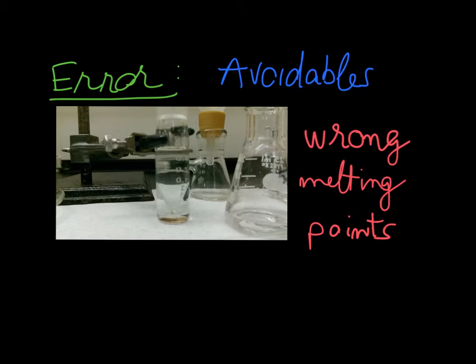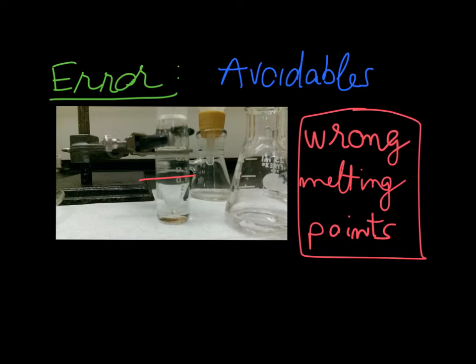One mistake that I made in this experiment was when I did the extraction of the acidic component. When I was drawing off the ether layer, by accident I took out some of the water layer that contained base. So when I measured the melting points for my acid, it was way off.